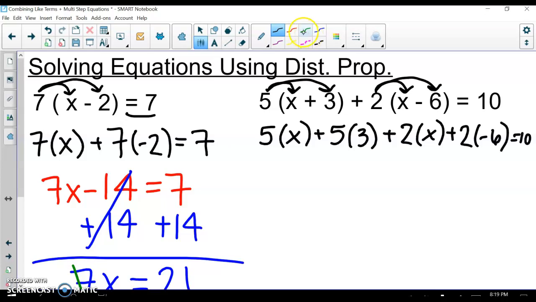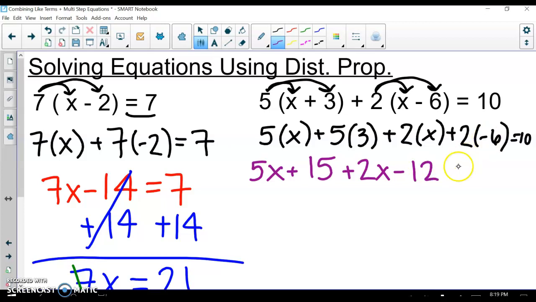All right, so let's multiply those through. So we have 5x plus 5 times 3 is 15 plus 2x plus 2 times a negative 6 is minus 12, or negative 12, is equal to 10. Let's combine our like terms.